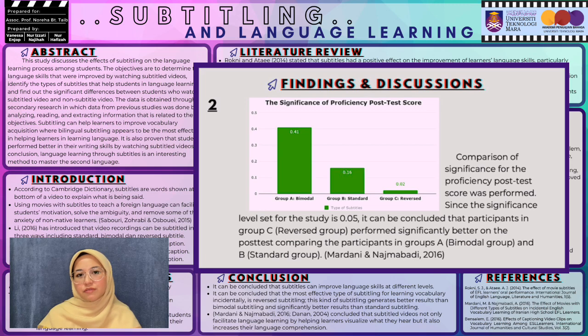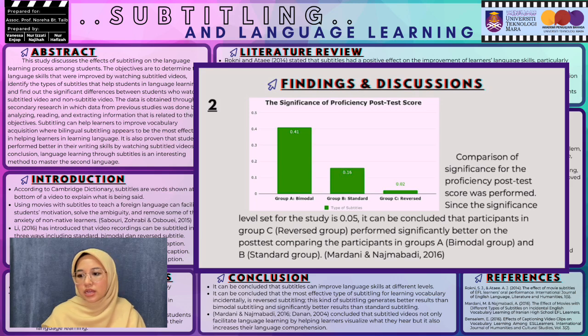The green bar graph indicates the significance of the proficiency post-test score after watching 3 different types of subtitles. This experiment was done by Mardani and Najma Badi in 2016 towards 3 different groups, which are bimodal, standard, and reverse subtitling. The significance level for this study is set at 0.05.